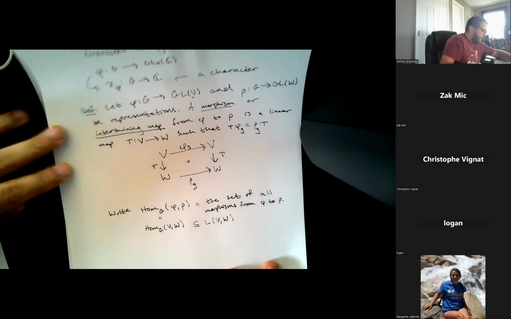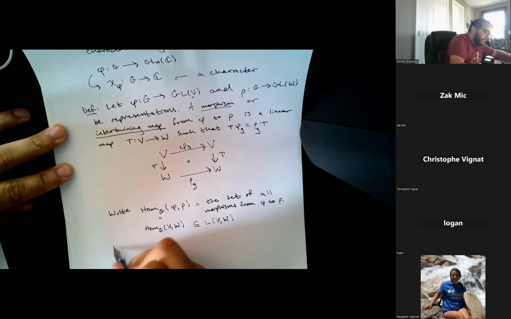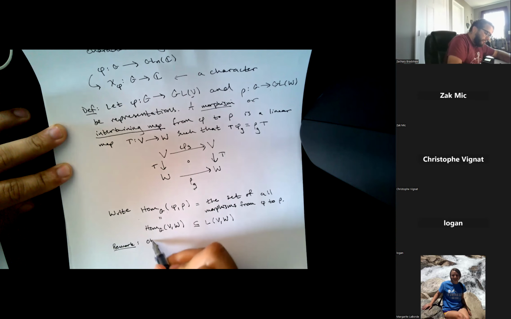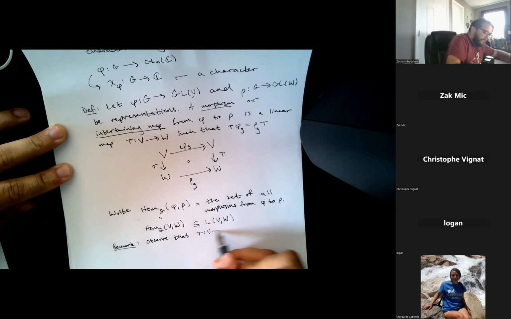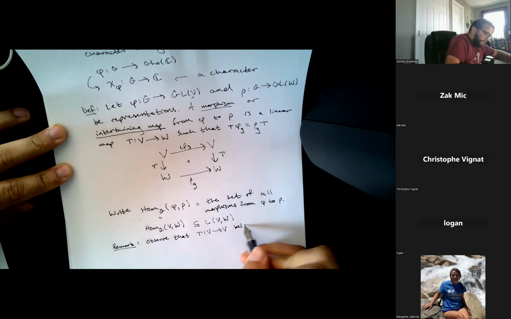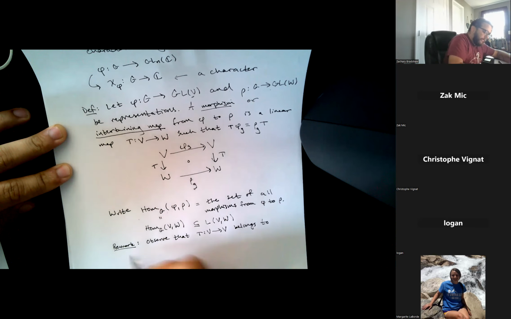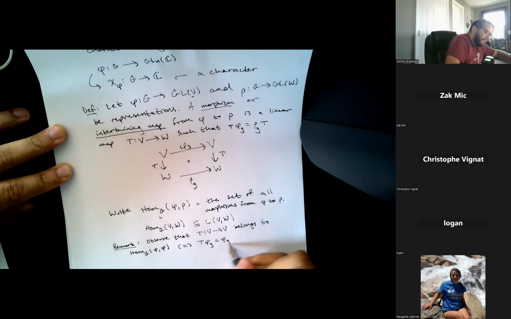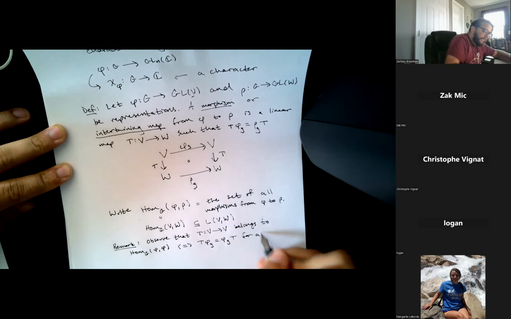Okay, so here's a remark. Observe that T from V to V belongs to Hom_G(phi, phi) if and only if T phi(g) is phi(g) T for all g in G. So that's just the definition.